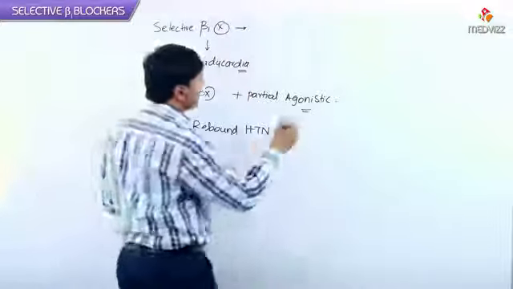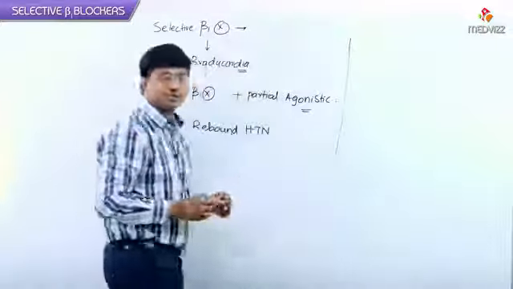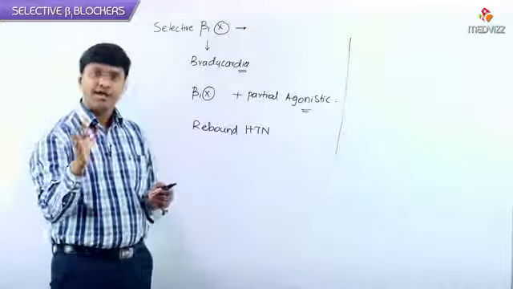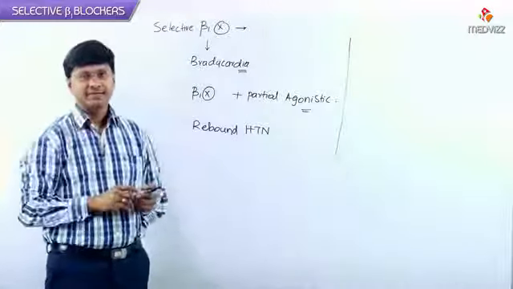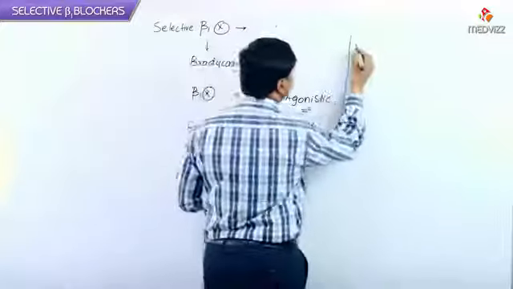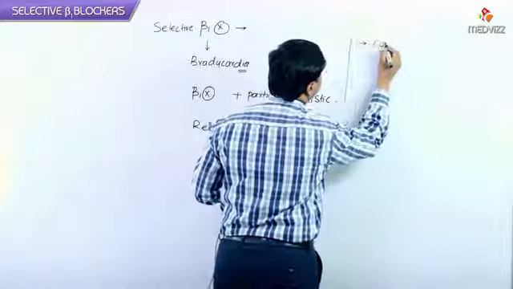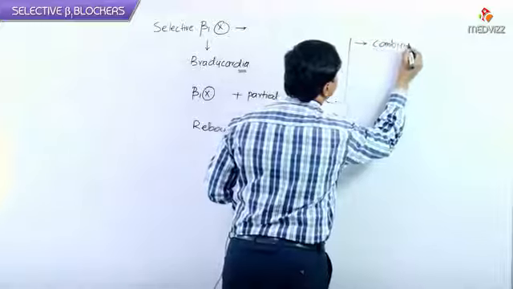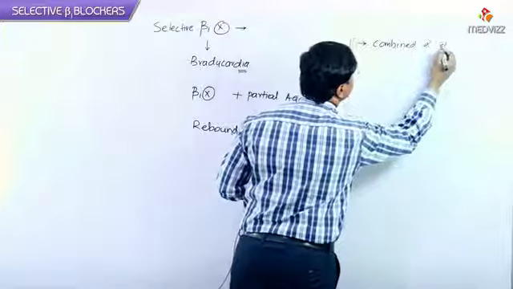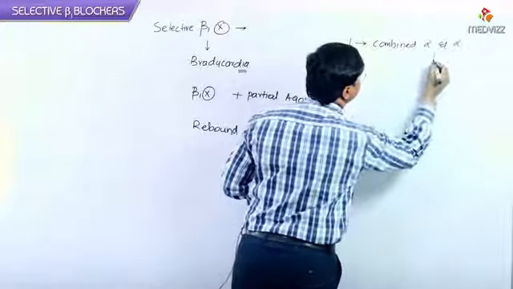Next, we have another group of drugs which will block alpha receptors as well as beta receptors, and they include the combined alpha and beta blockers.